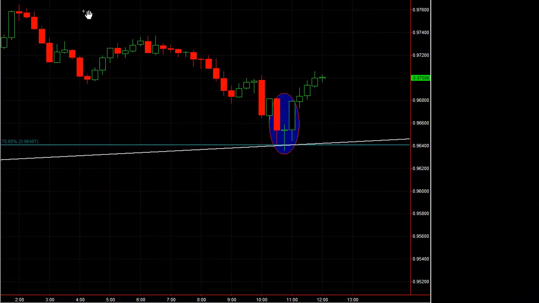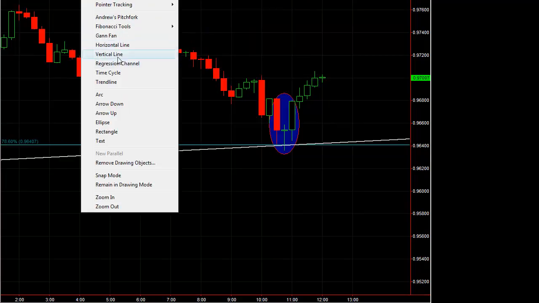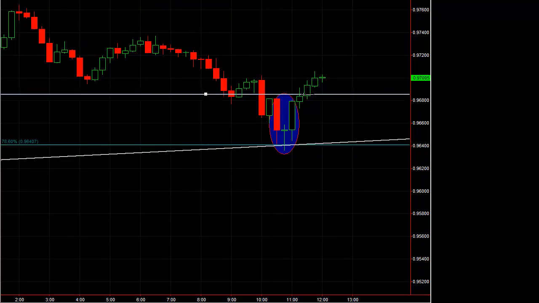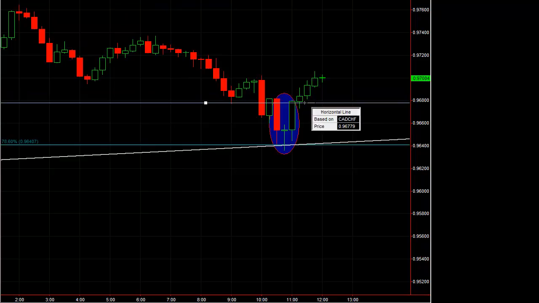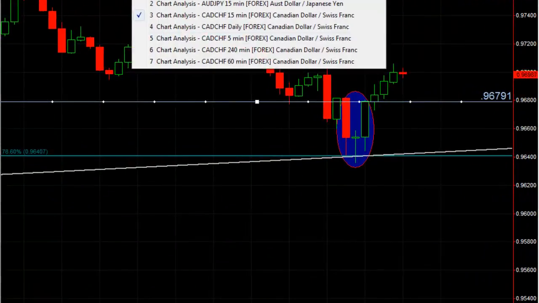The body of the morning star was at 0.9680. So that's the price which we noted on the 5-minute chart.